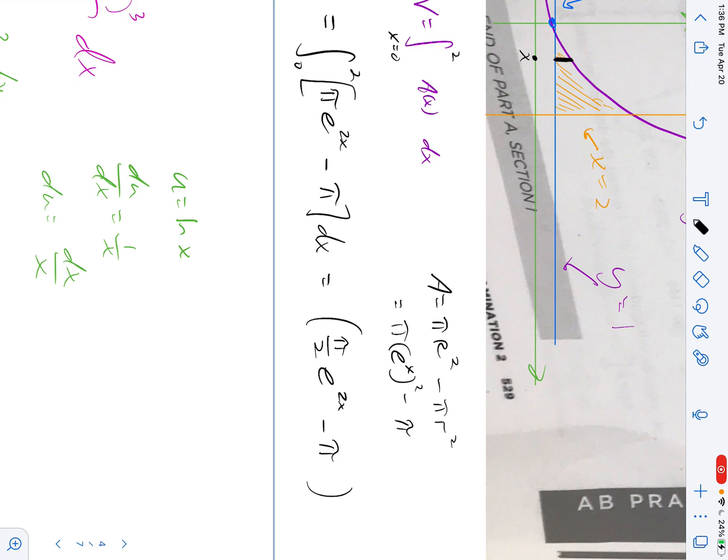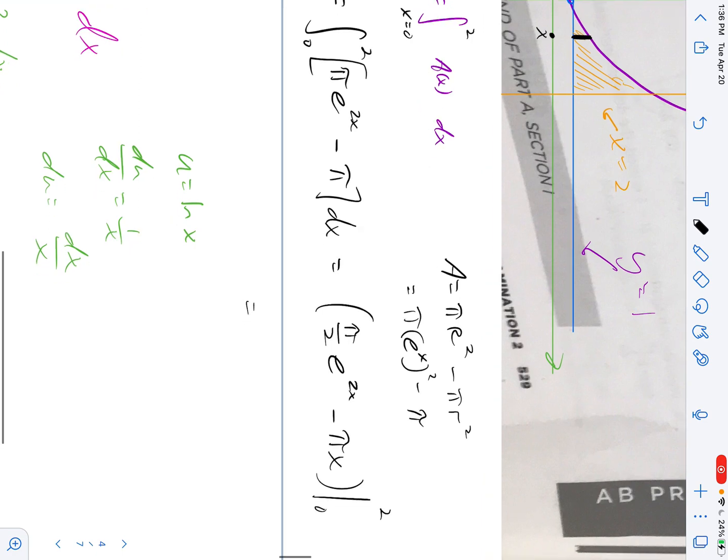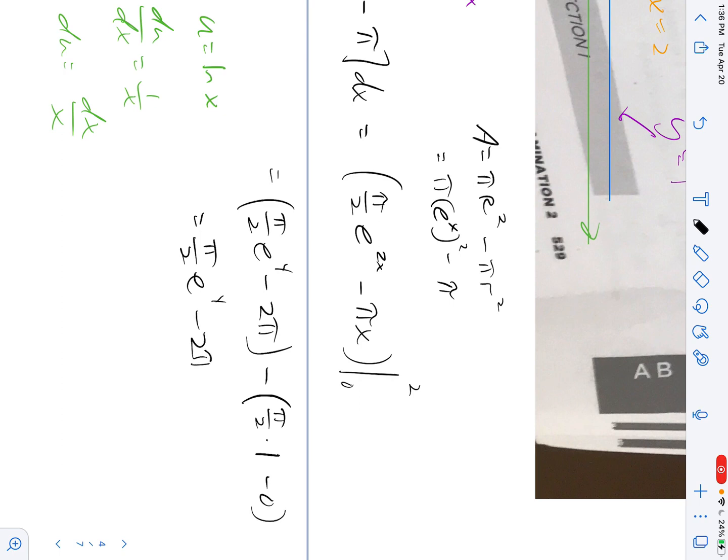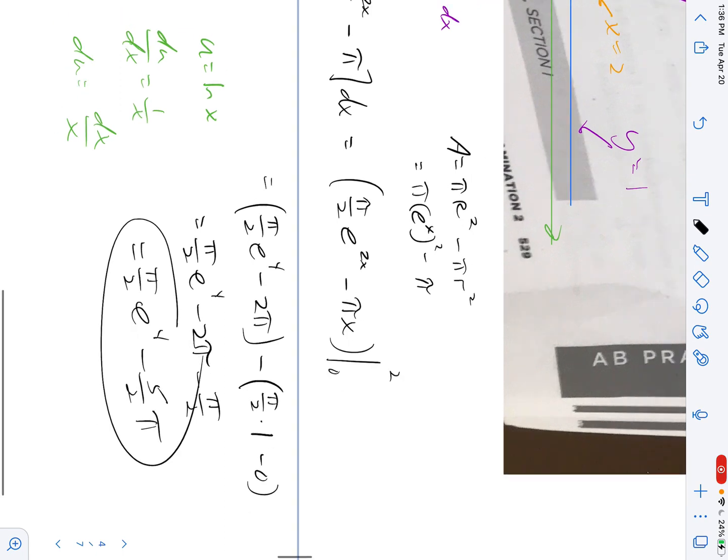The antiderivative of pi is pi times x. So if we plug in 2, we get pi over 2 times e to the 4th minus 2 pi. If I plug in 0, I get pi over 2 times 1, because that's e to the 0, minus 0. So pi over 2 e to the 4th minus 2 pi minus half a pi. Those are like terms, so that's 5 halves pi.